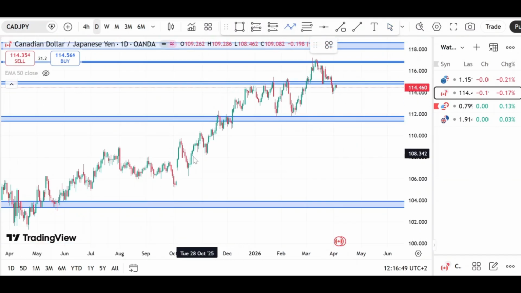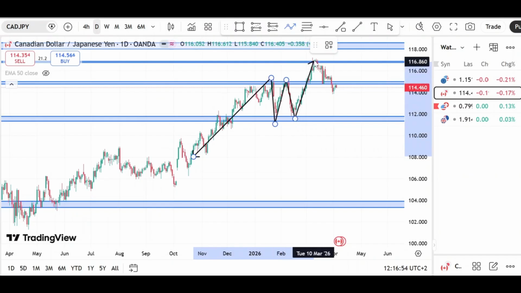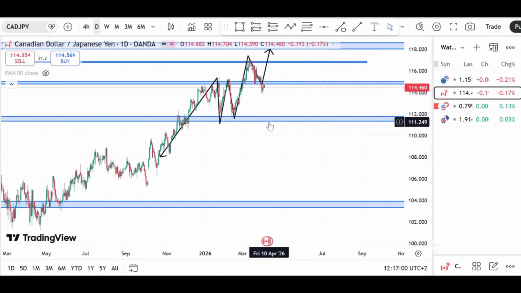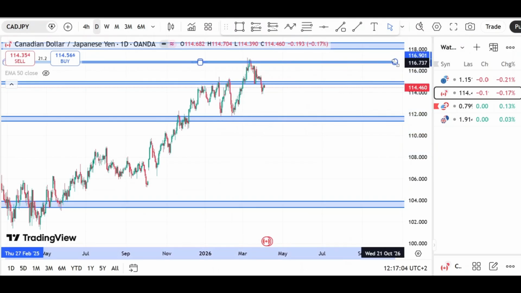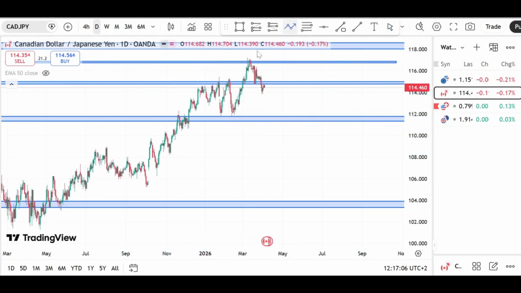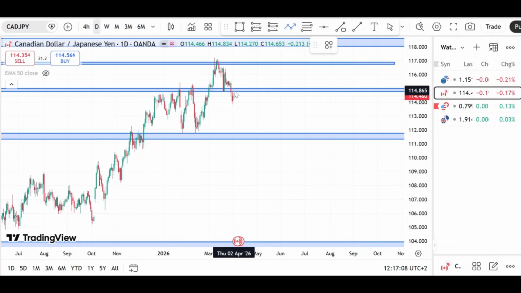We have been seeing break of structure, higher high, higher low, equal high, equal low, higher high, and then instead of seeing a higher low and a continuation in the uptrend, we are seeing sellers trying to bring down the market. So we are not sure whether the market is going to return down here to retest, or if this is like a manipulation.